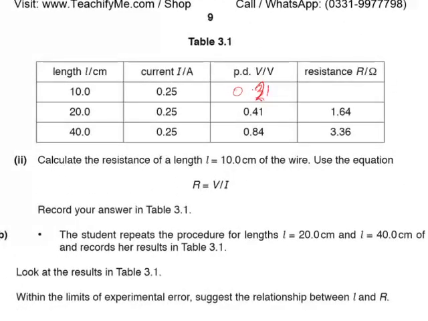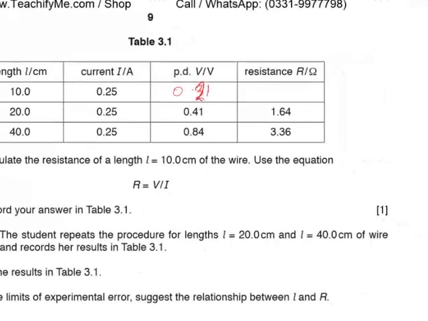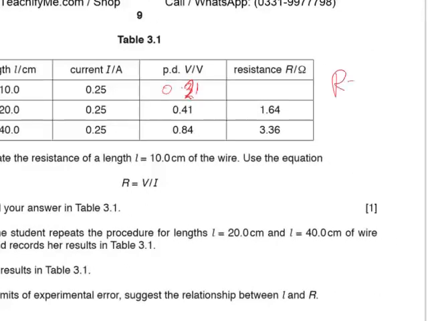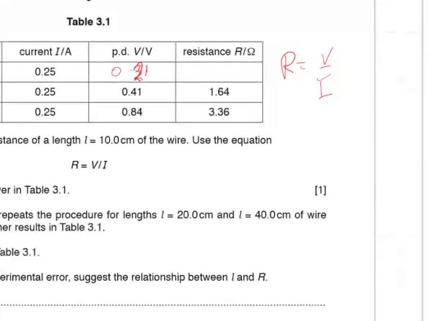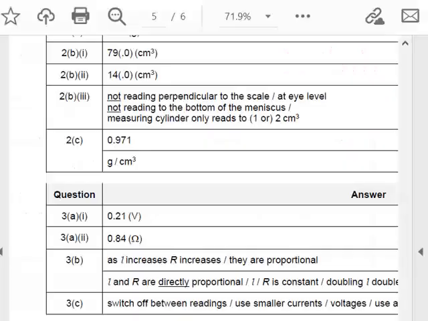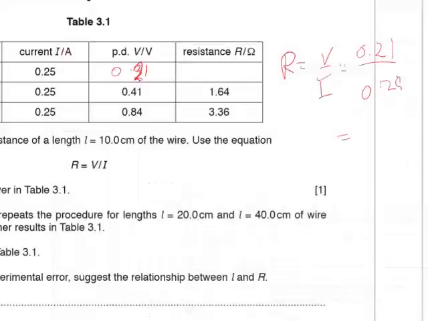And then after that, you have to calculate the value R. R is equal to V over I. The voltage given here is 0.21 divided by 0.25, and then you should have an answer of 0.84.